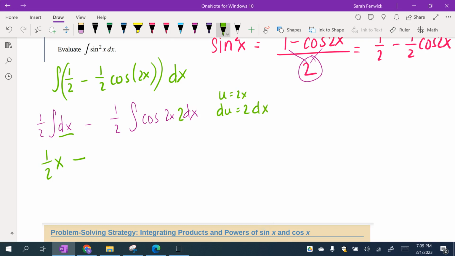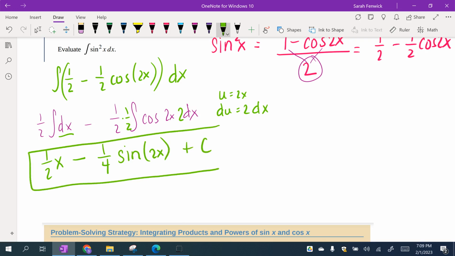If I need a 2 with the dx, I need a 1/2 outside. So that's really 1/4. The integral of cosine is sine of u, which is 2x plus c. And there you have it.